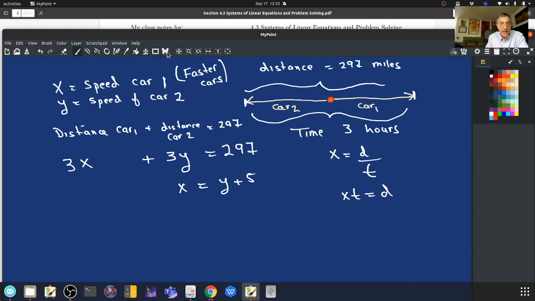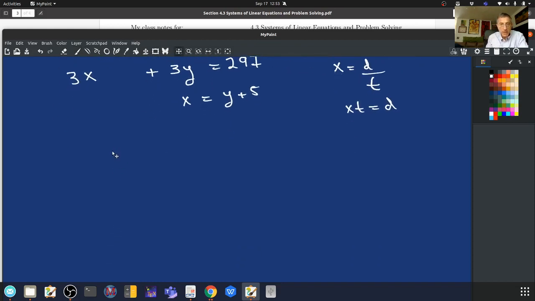So right here I have my system of equations. So let's go down here and write them nice and neat. 3x plus 3y is equal to 297. And then I have x is equal to y plus 5.